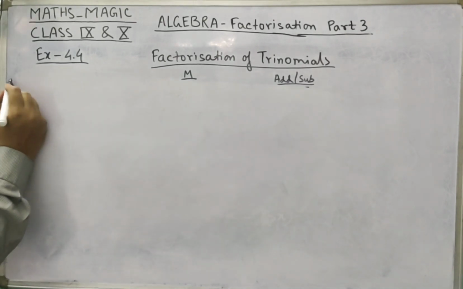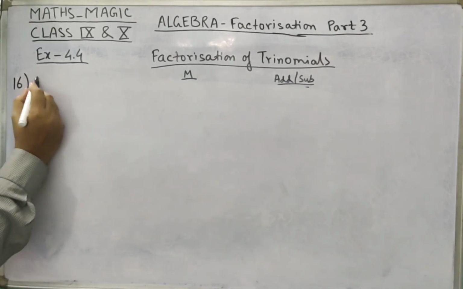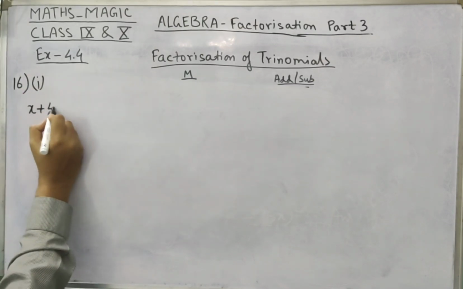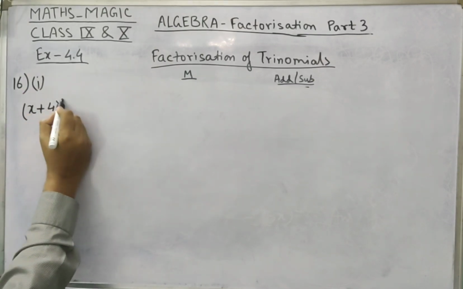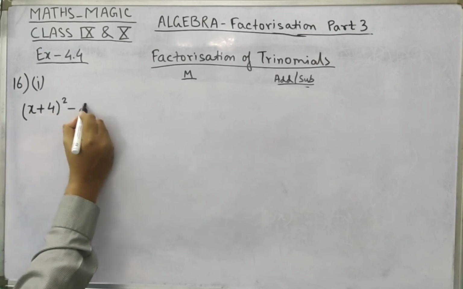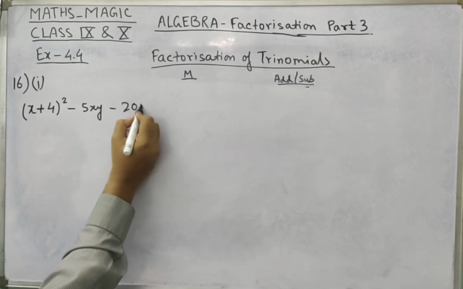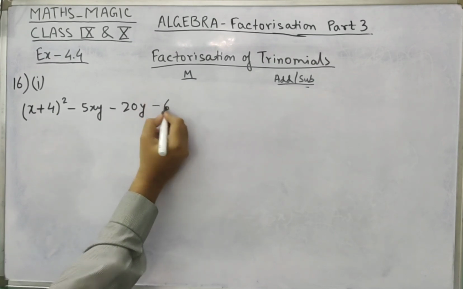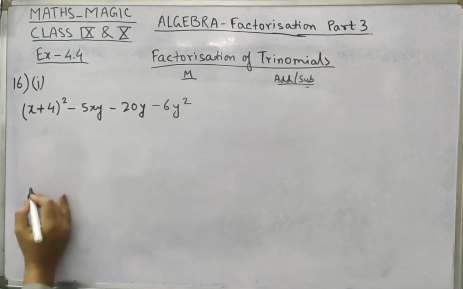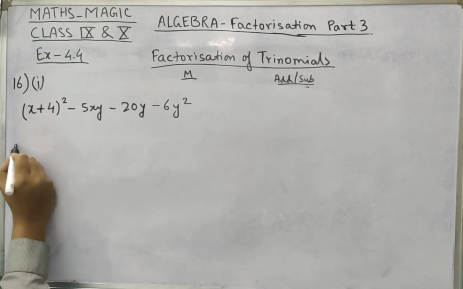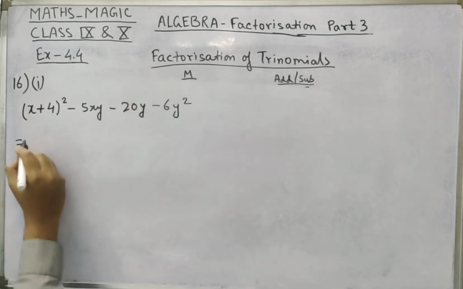Okay, let us do sum number 16, part 1. x plus 4 whole square minus 5xy minus 20y minus 6y square. Now first we will try to make it a little simple before we factorize.